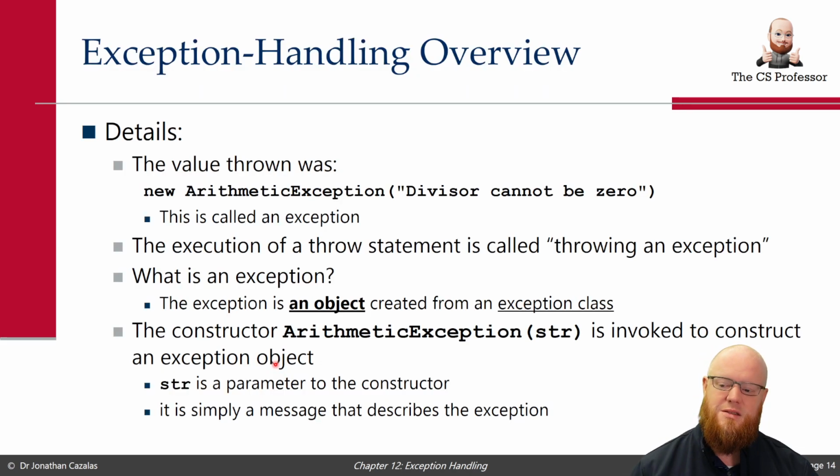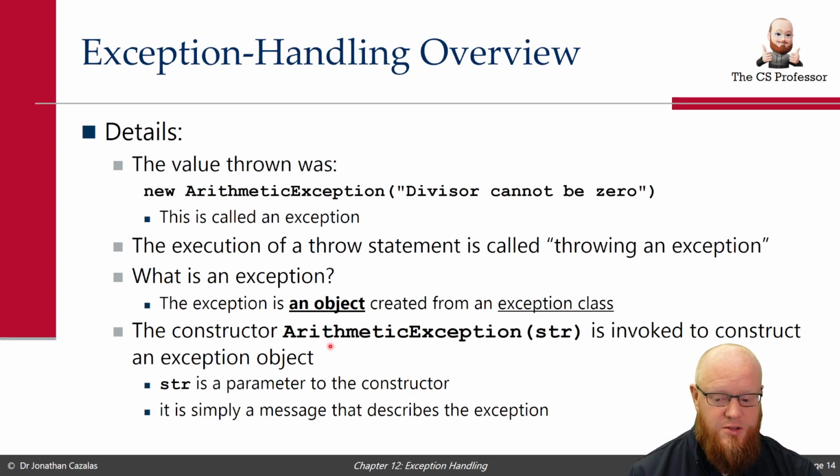So let's go through some details now. The value thrown was new arithmetic exception, and we use this string in the constructor. That is an exception, and the execution of that throw statement is called throwing an exception. Now, what is an exception? It's just an object. An exception is an object created from the exception class.